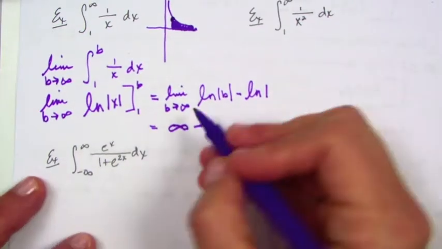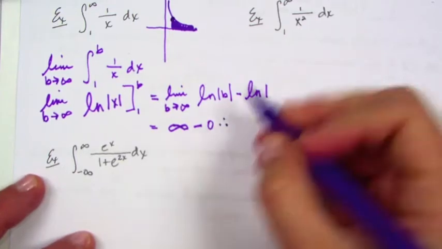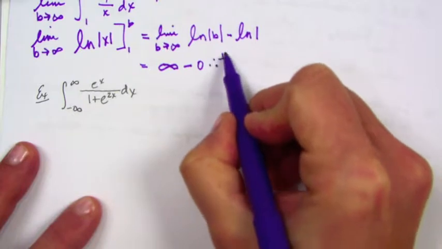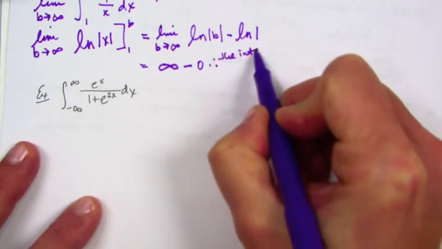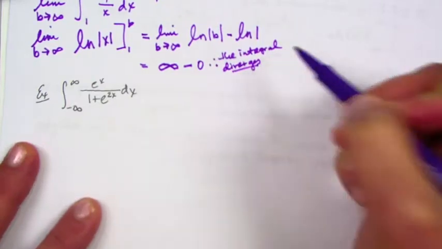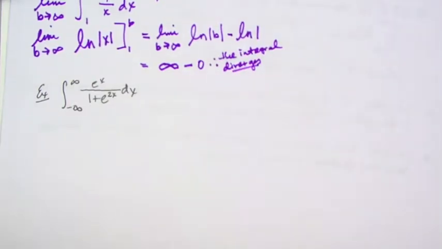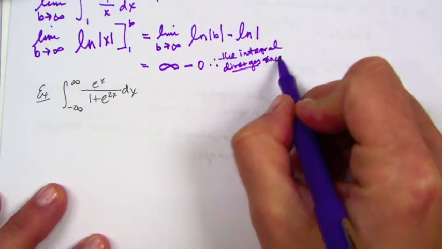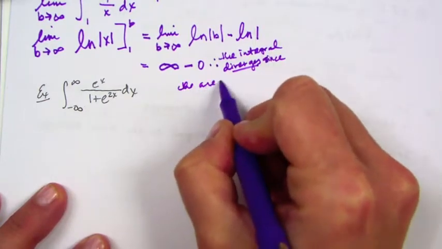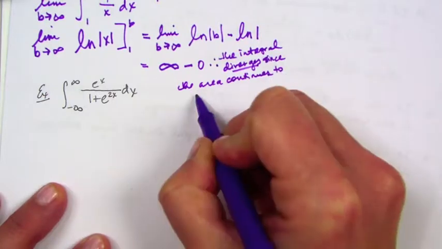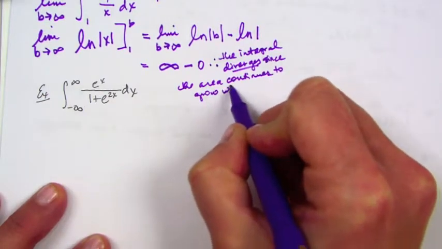So what we say is the integral diverges, and that's going to be an important word for us in chapter 9. The integral diverges since the area continues to grow without bound.